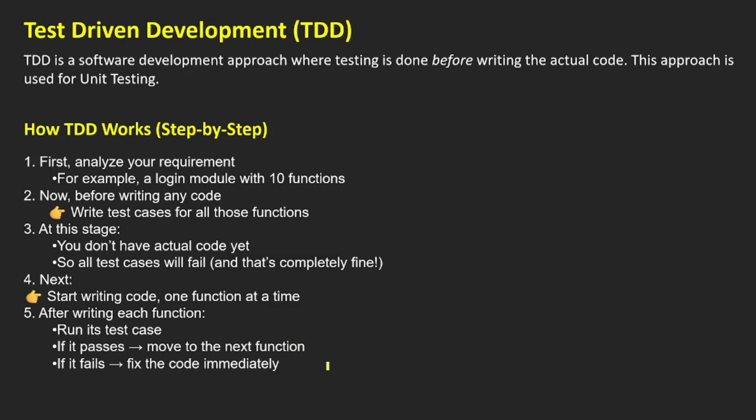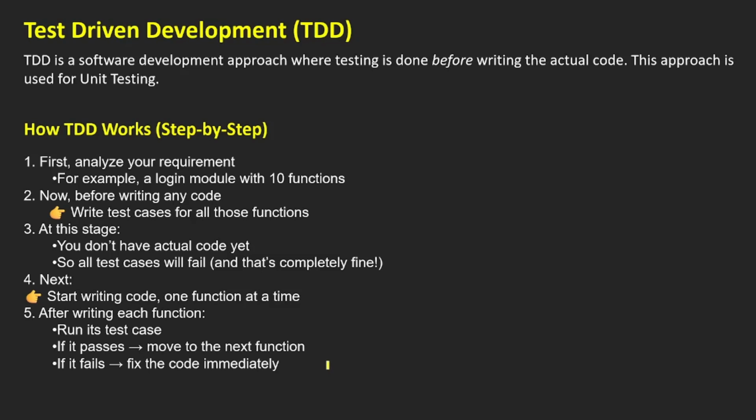The very first function in which my test case has found the issue, I will fix that function and then only I will move to the next function for implementation of the remaining login functionality. This way, it will reduce the debugging time because the first time I get an error in my newly developed function, I fix it right away before moving to the next function implementation.